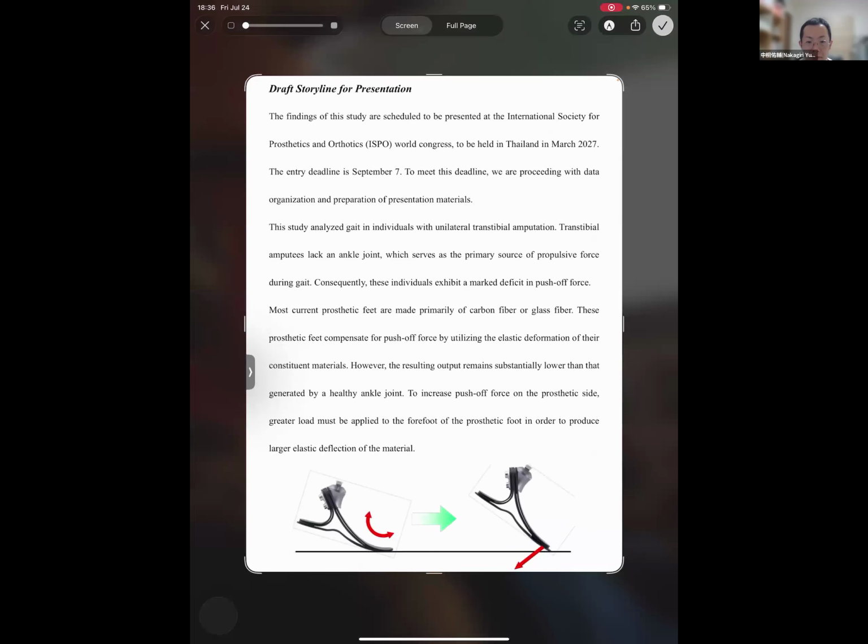You can see my screen? Yes, I can see. Do you see this point here? No, I cannot find the point. You cannot see the bottom of my screen.